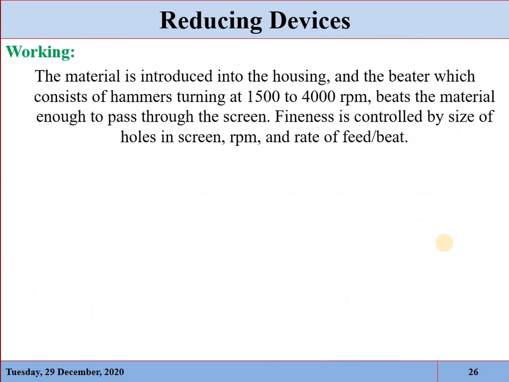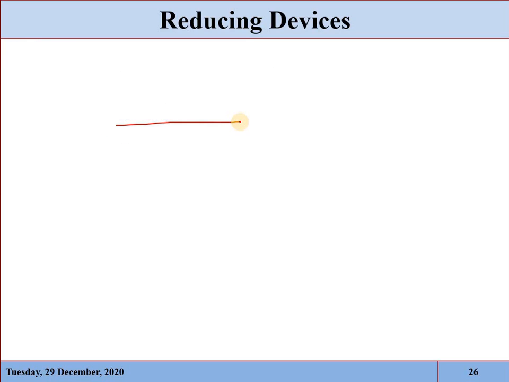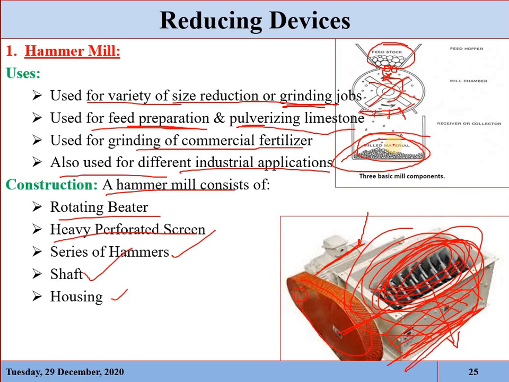As for working, the material is introduced into the housing, and the beater, which consists of hammers, turns at 1500 to 4000 revolutions per minute and hits the material. The product will be hit until it passes through the screen. That is the requirement: depending on how much you are reducing the size of the product to the required size, the screen will be attached here.